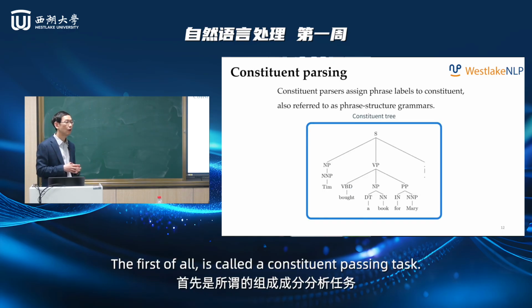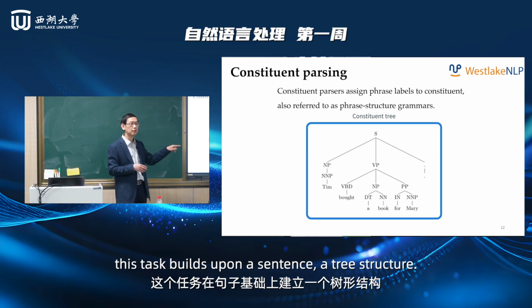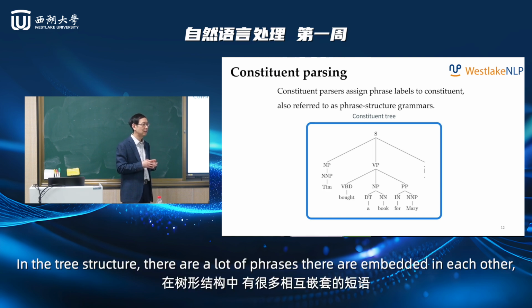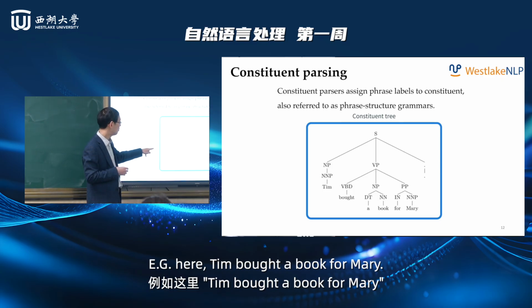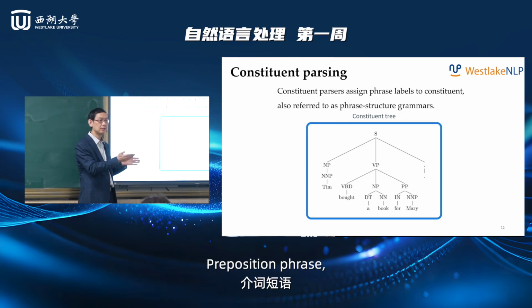So the first of all is called a constituent parsing task. This task builds upon a sentence a tree structure, okay? In the tree structure, there are a lot of phrases that are embedded in each other. For example, here, Tim bought a book for Mary, right? You can see for Mary is a prepositional phrase, okay? Preposition for, right? So there's a PP on top of it.